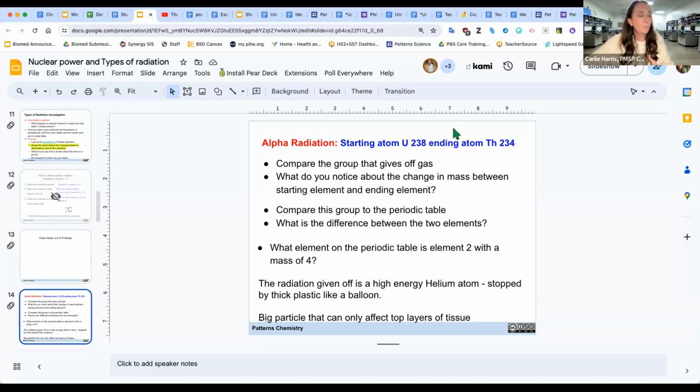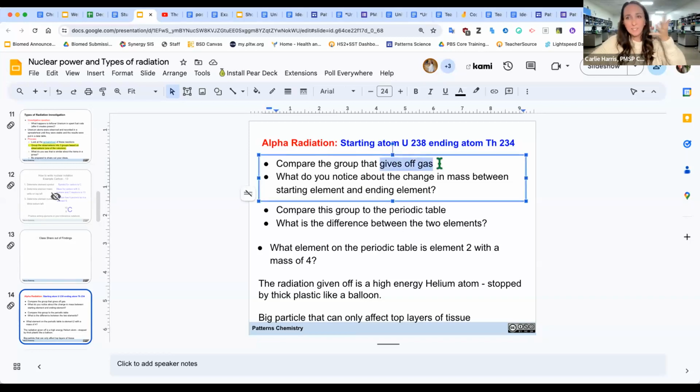We start pulling them back in to get everyone on the same page and introducing that, okay, these atoms that were here, starting with U-238, right? The ones that give off gas, it's not a hard sort, so I think students get to the right place. These ones, what do they have in common? What are we noticing about the change in mass, right?